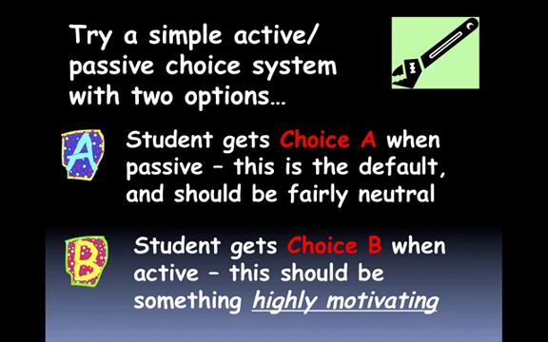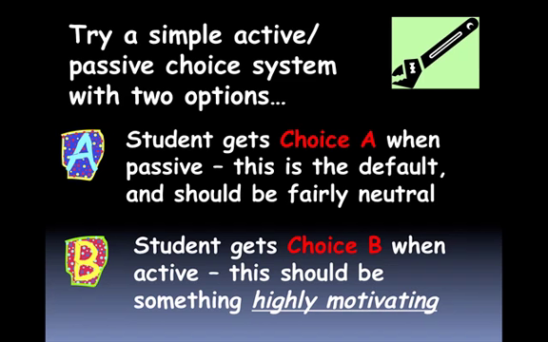And then choice B would be something highly motivating, something that they love, like with my little girl, it would be one of the little sing-a-majig toys that you push the belly and it sings. And then choice A, the passive one and the default, would be something like a laundry scoop.